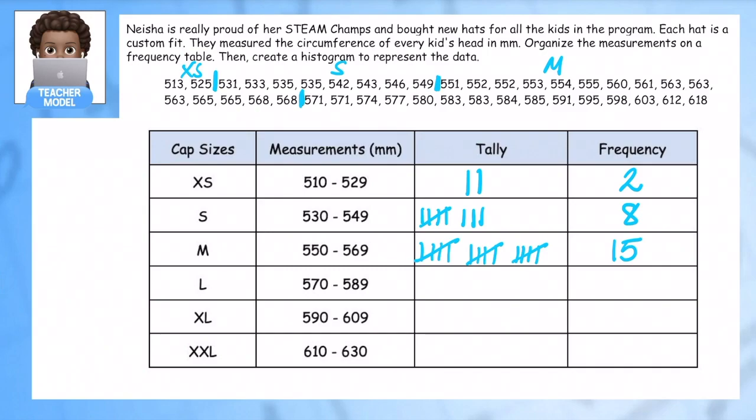Let's go to the next one, and it's going from 570 to 589. There we go, to 589, that would be large. And from 590 to 609, extra large hats.